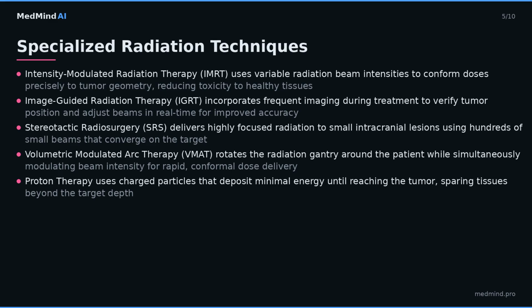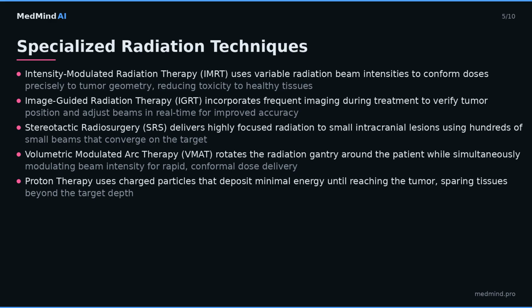Specialized radiation techniques. Key points: intensity-modulated radiation therapy, IMRT, uses variable radiation beam intensities to conform doses precisely to tumor geometry, reducing toxicity to healthy tissues. Image-guided radiation therapy, IGRT, incorporates frequent imaging during treatment to verify tumor position and adjust beams in real time for improved accuracy.